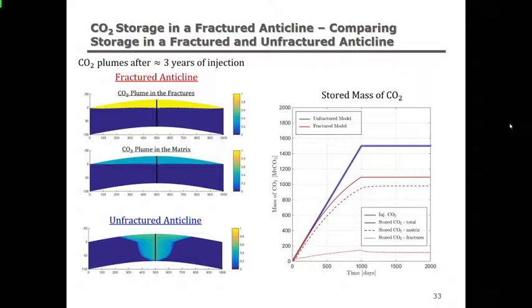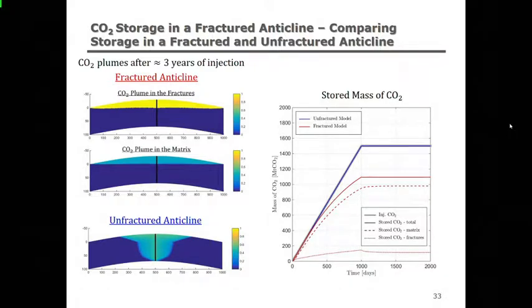What we immediately observe is that the CO2 fills the anticline much more evenly, because the fractures are way more permeable than the rock matrix, and hence it moves much faster up in the reservoir and spreads over the lateral.